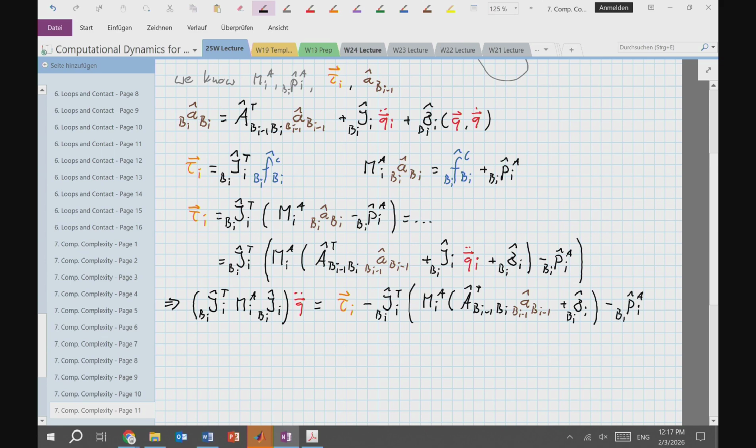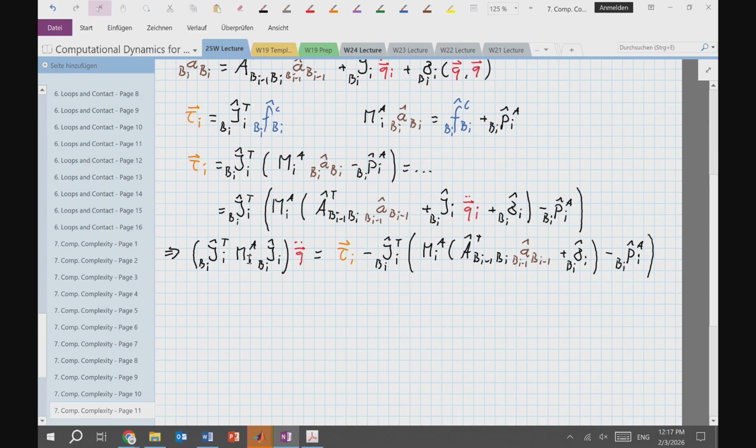And this is the same thing, in a sense, that I stated on the previous page, where I now have my equations of motion written in the space of joint i. The equations of motion in joint space of my joint i.